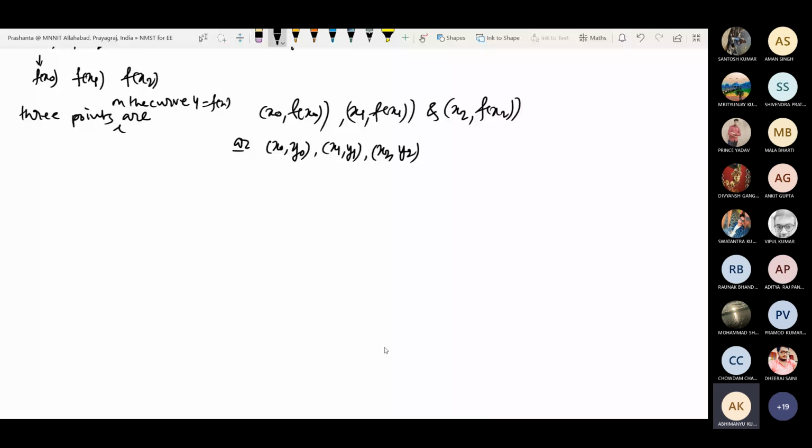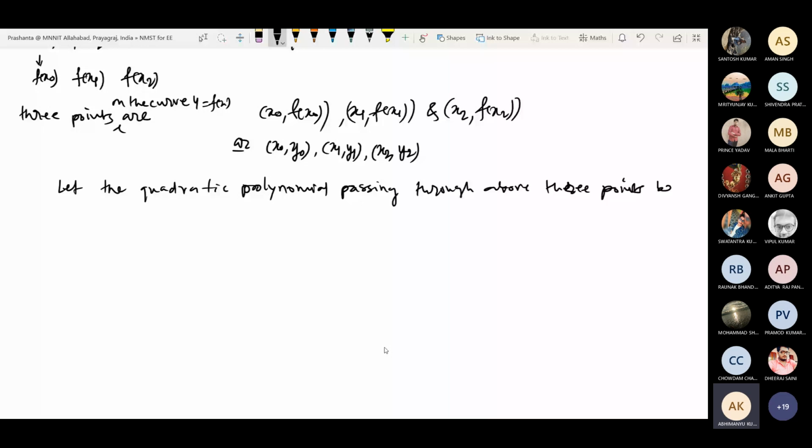So let the quadratic polynomial be the polynomial passing through the above 3 points.